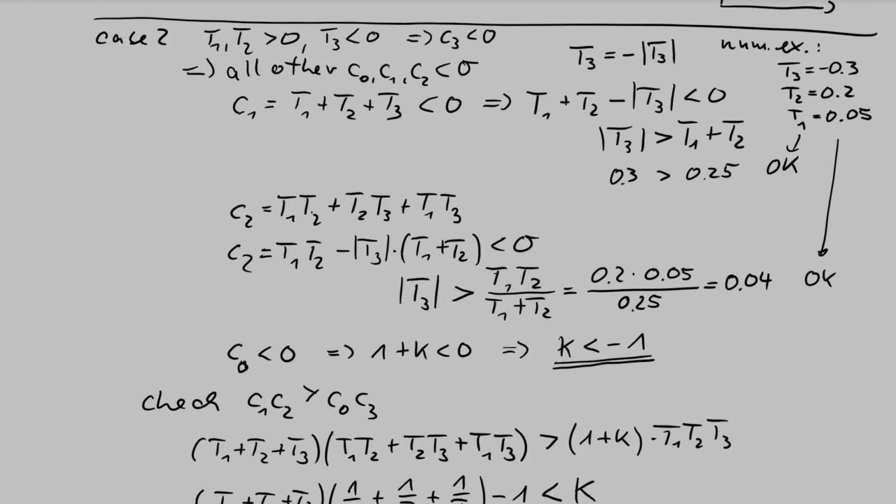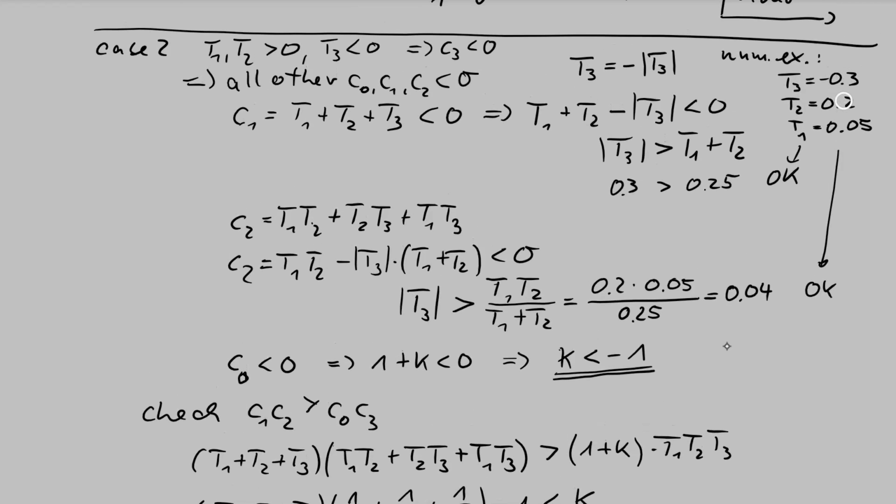Now with these values, the sum of the t's is 0.25 minus 0.3, which is negative 0.05.